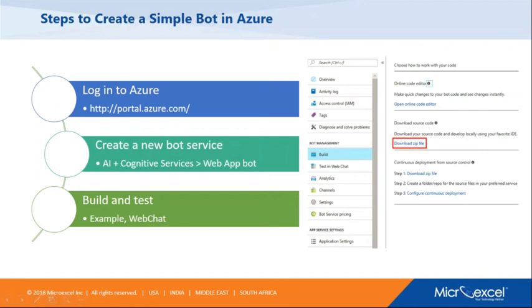And there is an option for bot template. If you choose this, you can see all the options we just went through, in both C# and Node.js. So the same kind of templates are available in both versions. You can create that as you need.